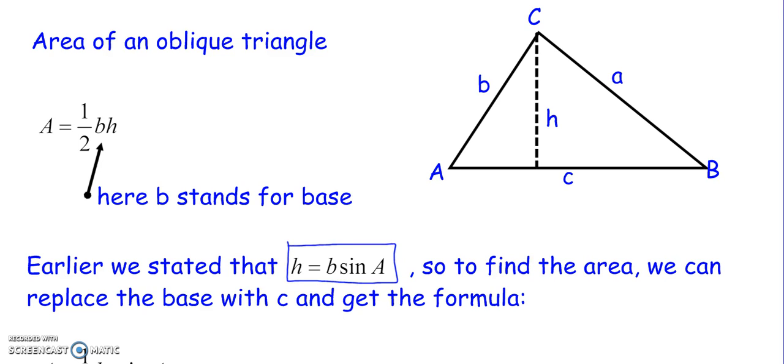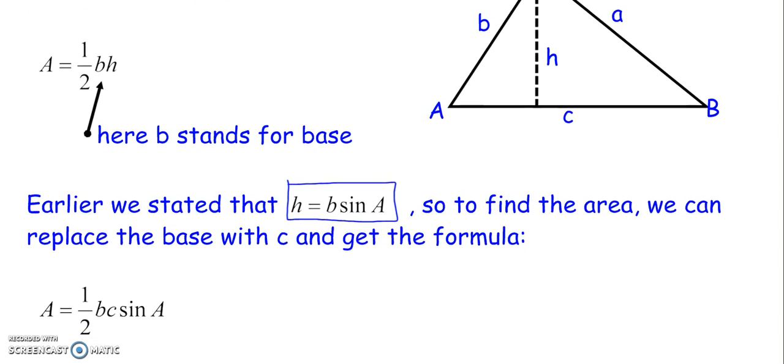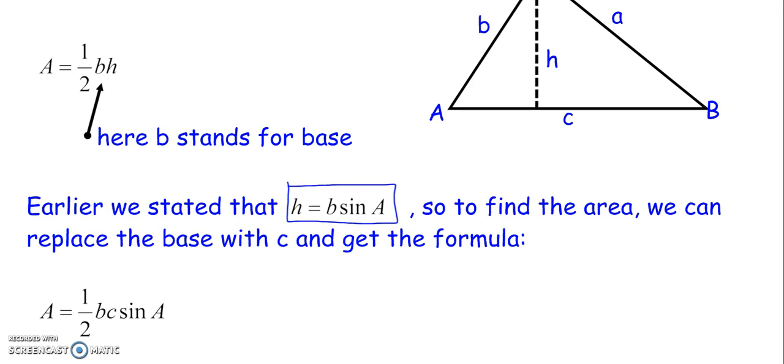The height of a triangle can always be written as b sine a. So I can use b times the sine of a instead of the height.